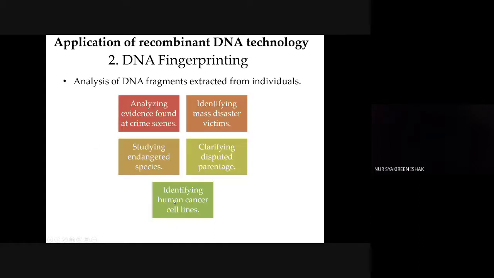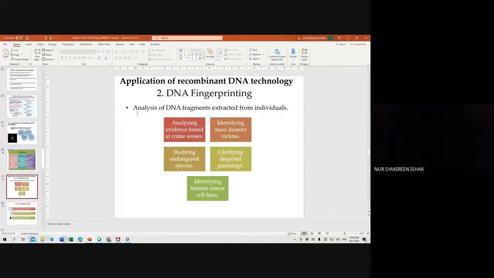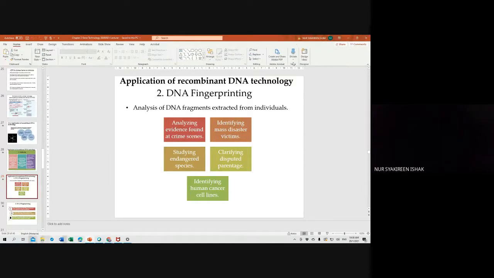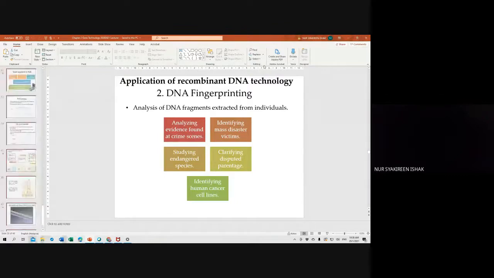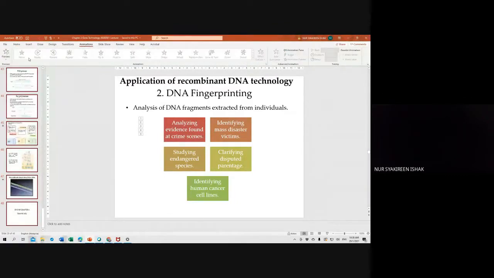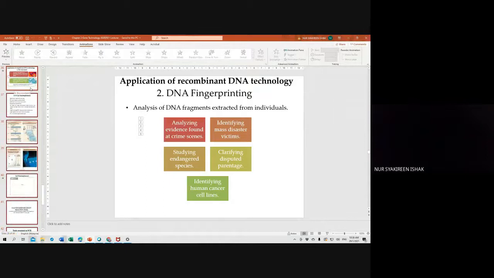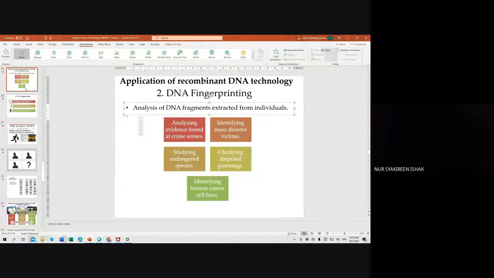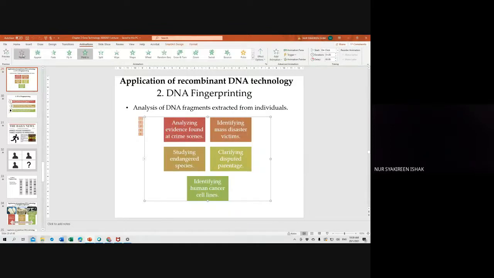Kejap. Saya nak kena... Ibu punya ni tak ada internet kan?